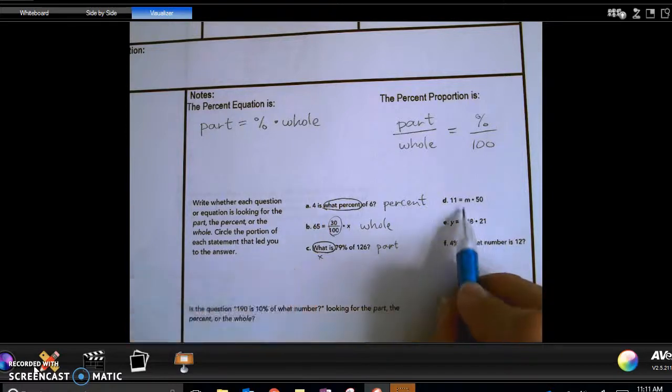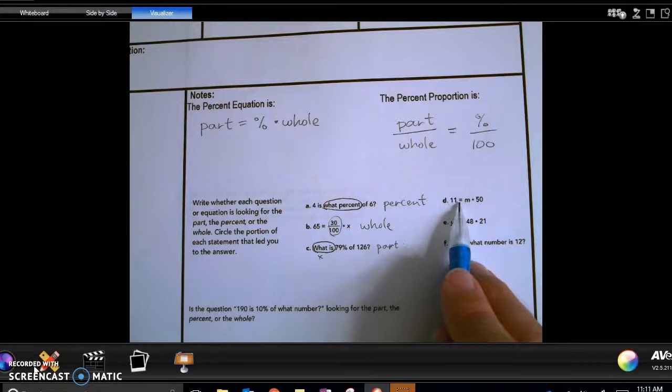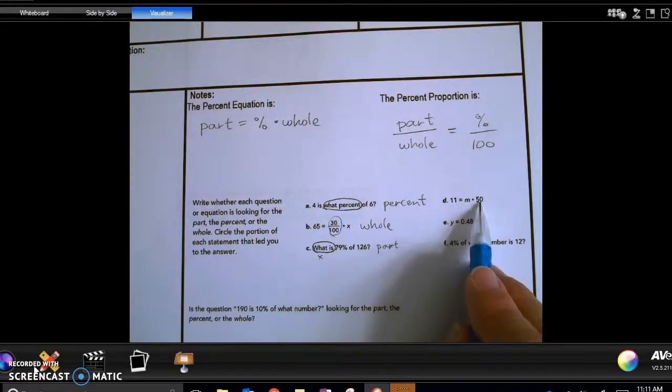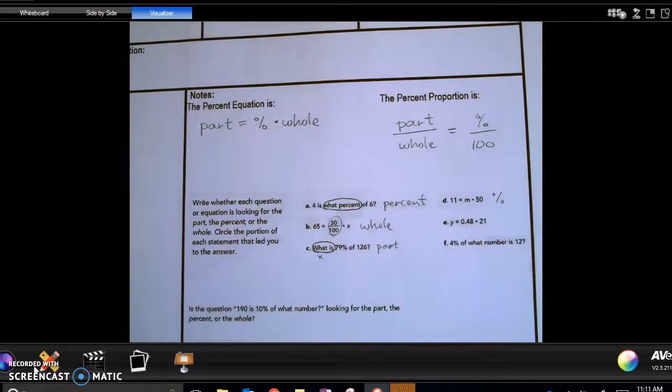Okay, on part D, 11 equals m times 50. In this case, I can use my percent equation to help me figure this out because I have part equals percent times the whole. So what's missing is the percent.